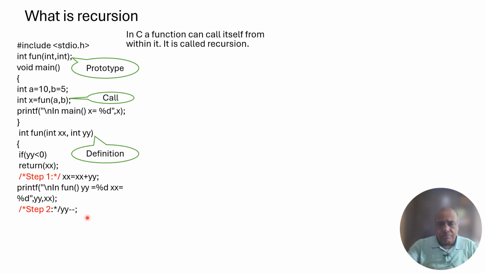That is why yy is being modified in such a way that it will reach the value of 0, and when the value of yy goes below 0, the function will stop executing and return to the calling function. In this case it will return to main. This is a crucial statement which makes the function stop its recursion at the given value of yy.